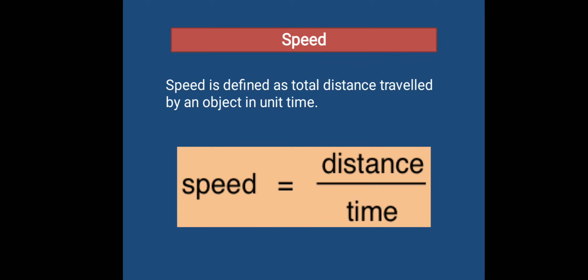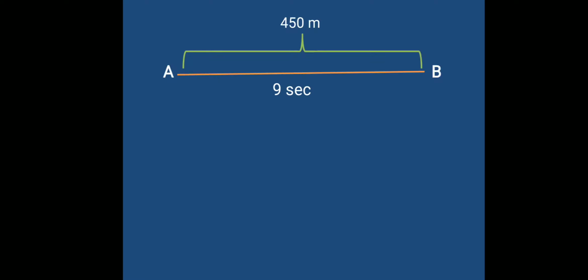Let's have an example. Suppose an object travels from point A to B, and suppose this distance is 450 meters and the time required to cover this distance is 9 seconds. What is the speed of the object?